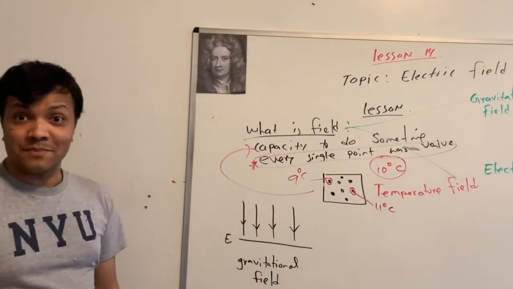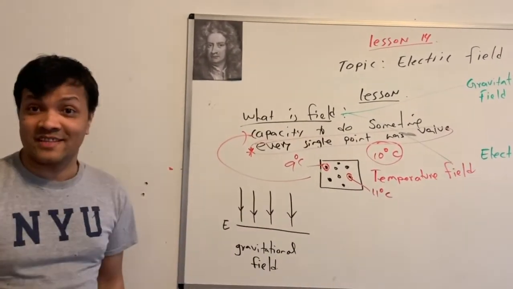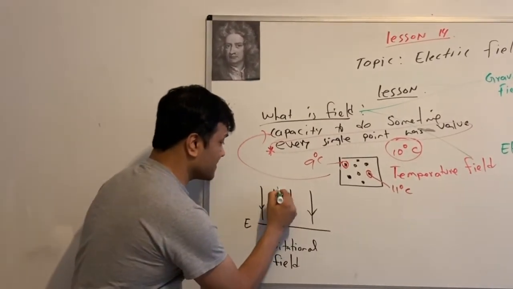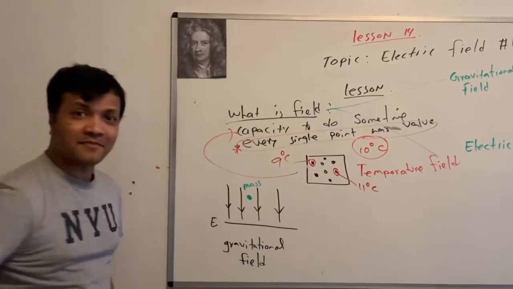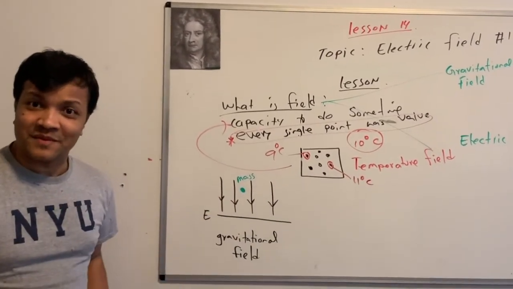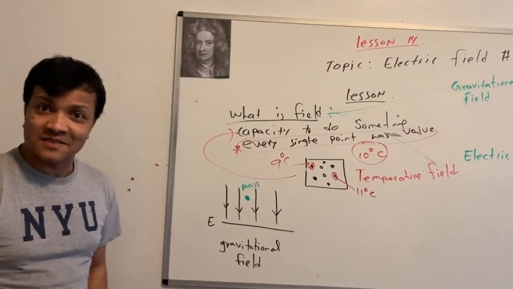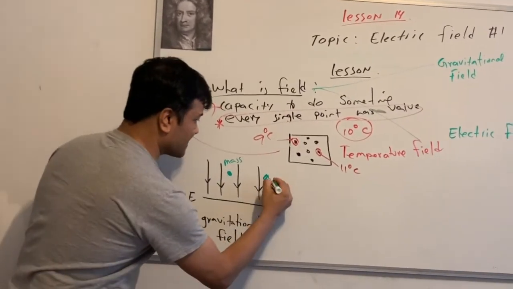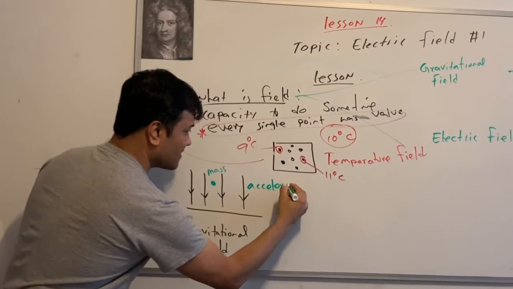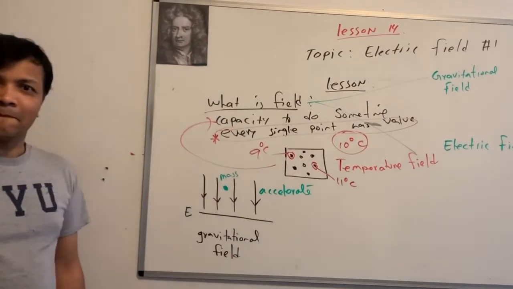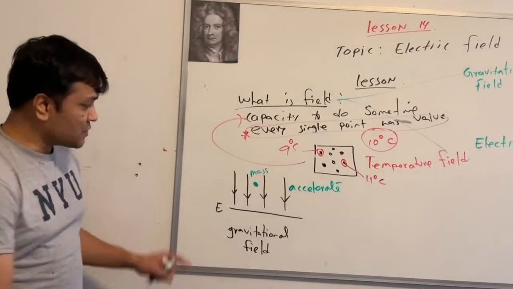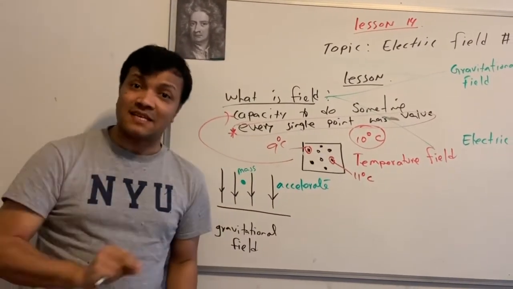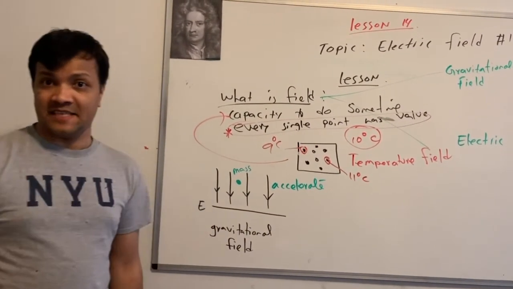You need to place something that it interacts with, and that is mass. If you put mass in the gravitational field, what would the mass do? The mass will accelerate. So the gravitational field has a capacity to do something, but you have to place something to observe this capacity.